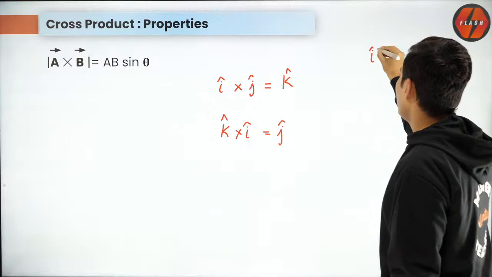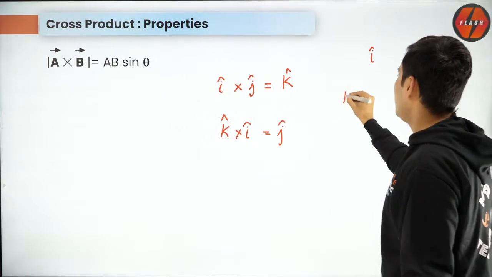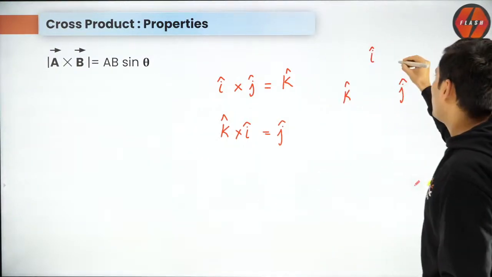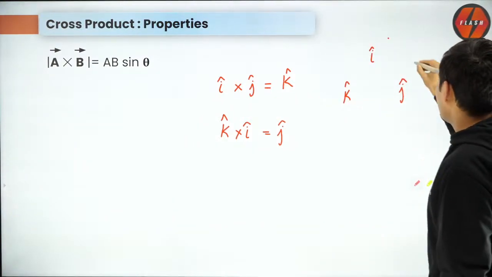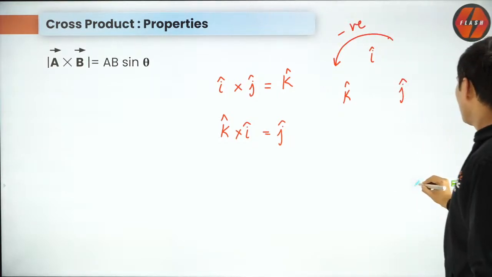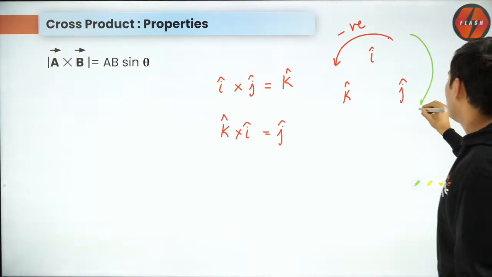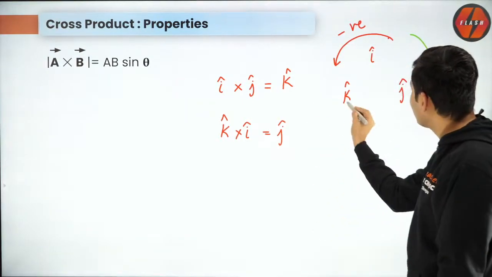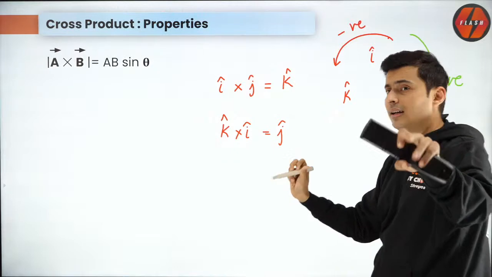Easier way, guys, I, J, K. So if you don't want to look silly, this is what you're going to do. Understand, anti-clockwise is negative and clockwise is positive. Now if you know this in cyclic order, that's it, your job is done.